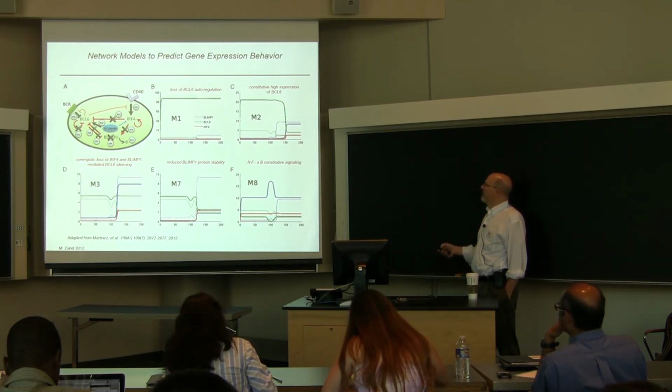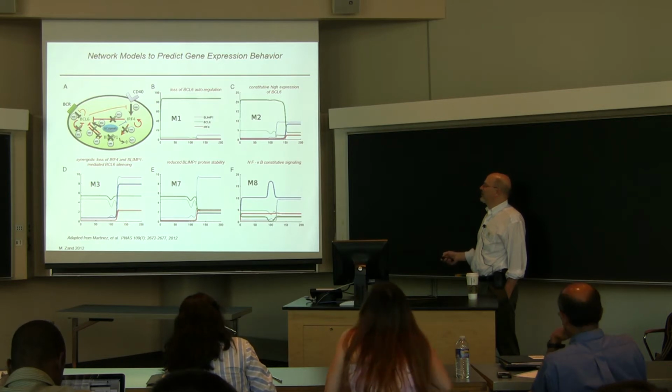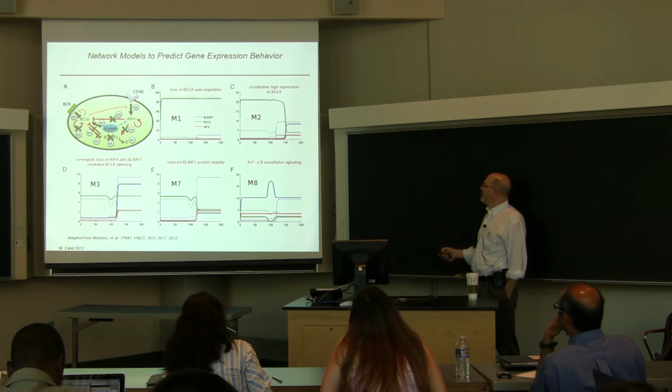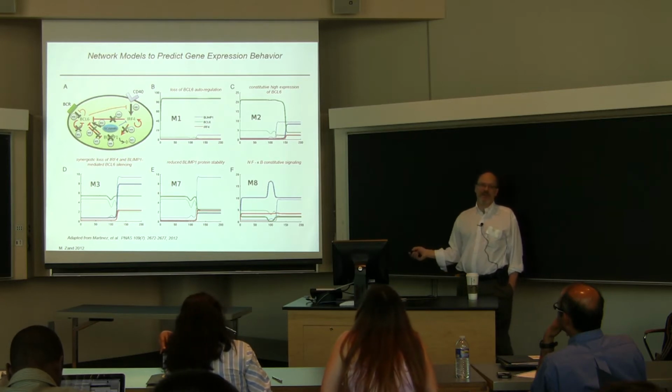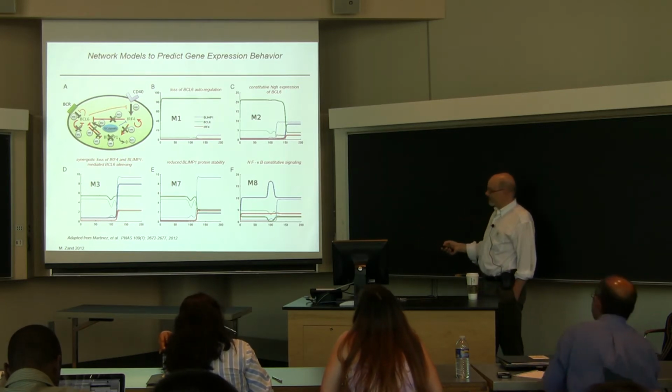The particular thing about these models is it allows you to do some perturbations, so reducing BLIMP1 protein stability, NF-kappa B constitutive signaling.